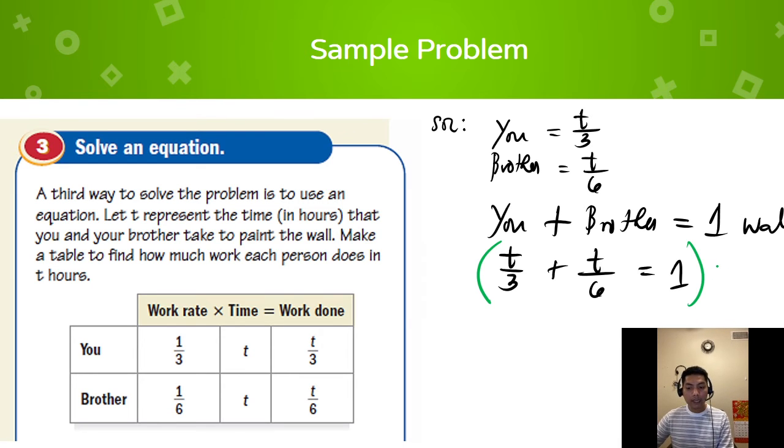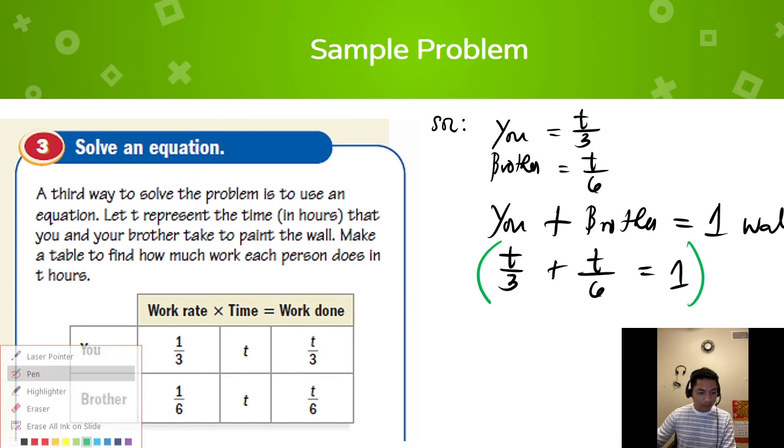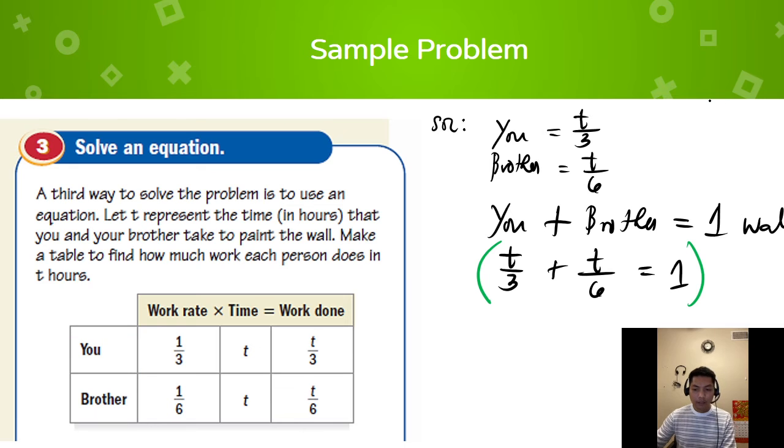What is the LCD? So we need to go back to the idea of the LCD. We use the denominators, 3 and 6. So we think of a number to divide for both 3 and 6 in which there is no remainder. And that is actually 3.